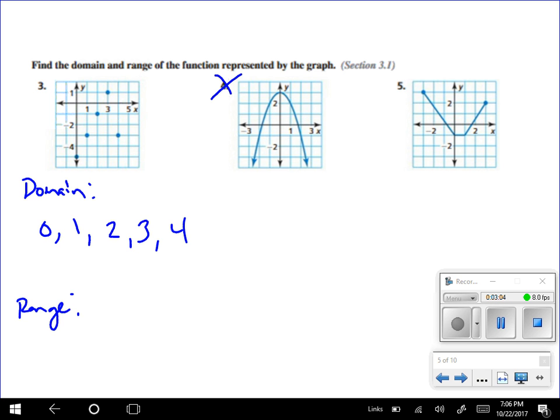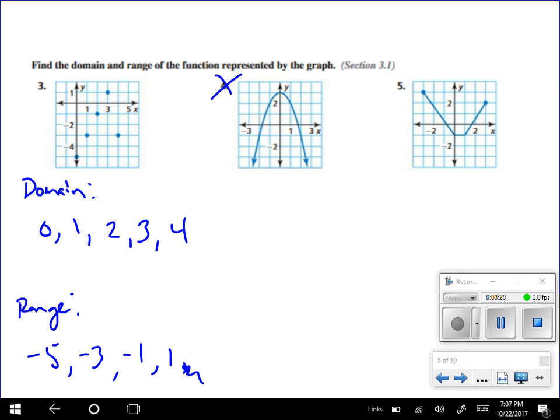So our range is all those y values, so -5, -3, -1, 1, and we already have -3 listed, so we don't have to list it twice. So it's a little bit easier when we have those ordered pairs.